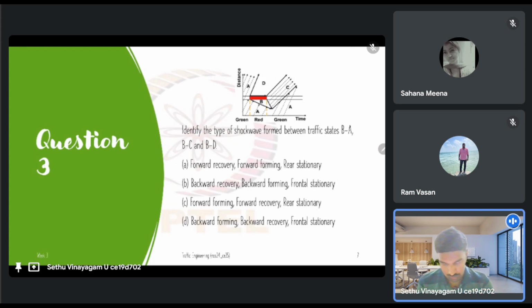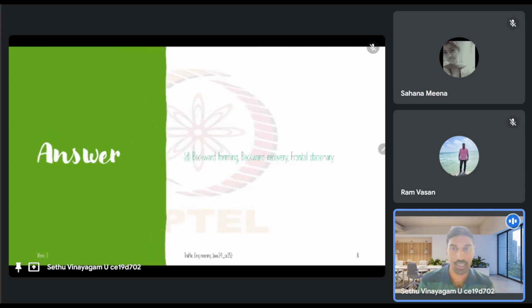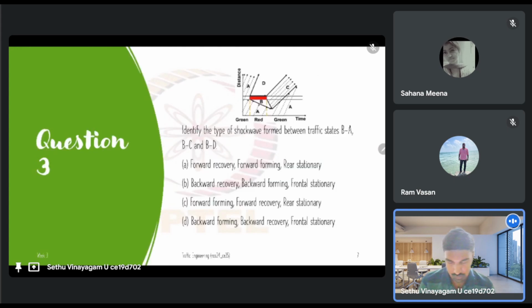Okay, so the right answer is actually option D. It is backward forming, backward recovery, and frontal stationary. Okay, so which are the three?